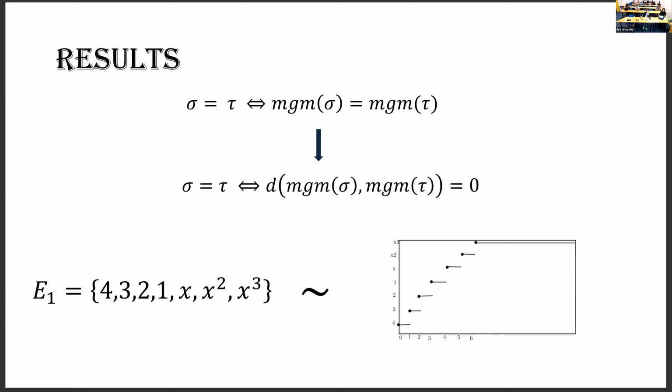So now we look at some results we had. They all have to do with distance, or most of them do. If sigma and tau are two maximal chains of Hn, and sigma and tau are equal, the corresponding graph homotopy mergegrams are the same. So we can actually replace a maximal chain with its graph homotopy mergegram.